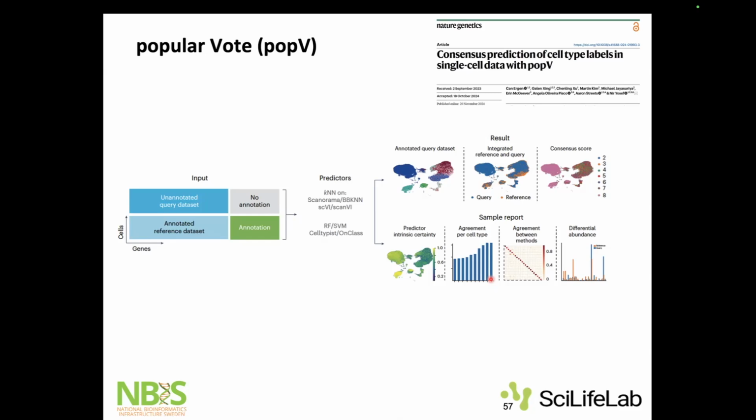Just a question. Do you know if all of these methods are using the same reference, or is there also a difference in what references are being used for all the different methods? I think, as I remember it, they have different options. You can train them from the beginning, so you get the architecture and everything for them, and then you train it from the beginning.